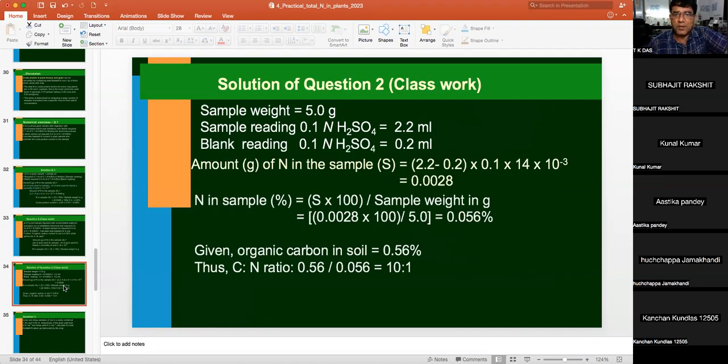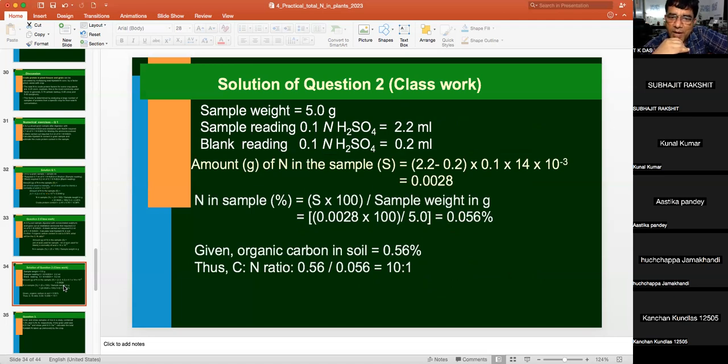So now you can see your answers. Sample weight is 5 gram. Reading for sample 2.2, blank 0.2. So 2.2 minus 0.2, into 0.1 is normality, 14 equivalent weight, 10 to the power minus 3 to convert into gram. So your sample contained 0.00828 gram of nitrogen.